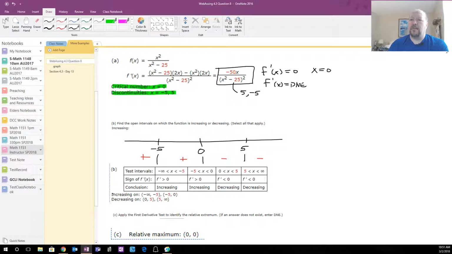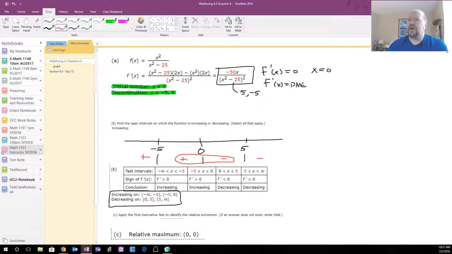And so down here, this is how we would report our intervals on which the function is increasing or decreasing. We only have one place where there's a change in sign of the first derivative, and that's at 0.